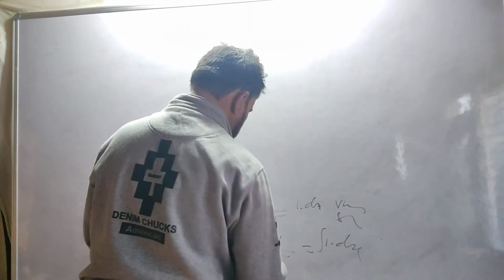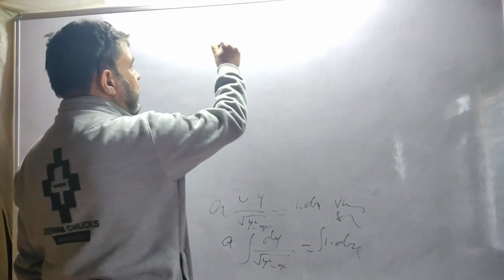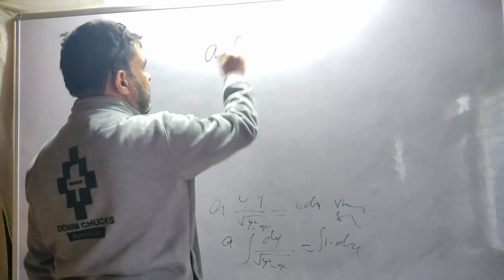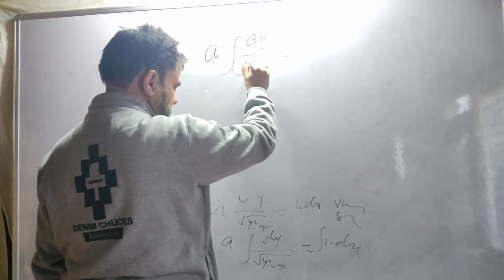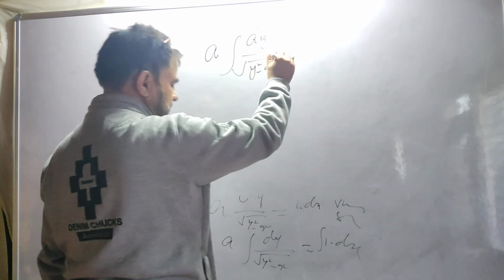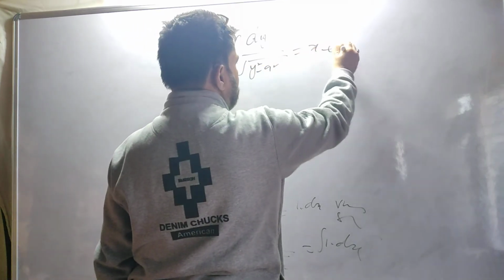What is the solution of this question now? This is your a, integral of dy by under root of y square minus a square is equal to x plus c.